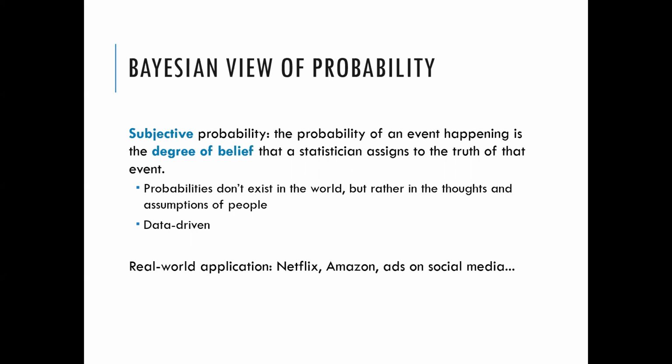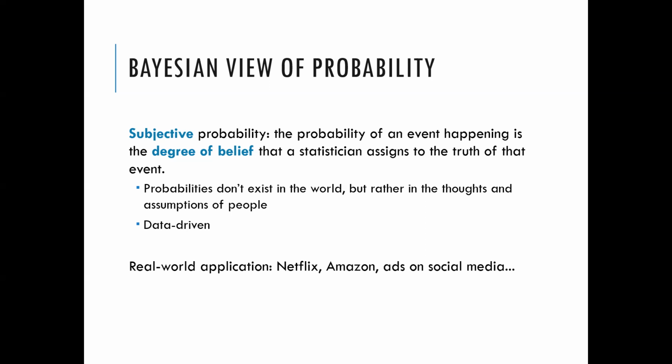And it's very data-driven. So whereas in the frequentist view, we have a population with some truth, and we're trying to estimate that with our sample, a lot more value is placed on samples in Bayesian statistics, and it's very much data-driven. And we're constantly updating our probabilities based on what we observe in our samples.